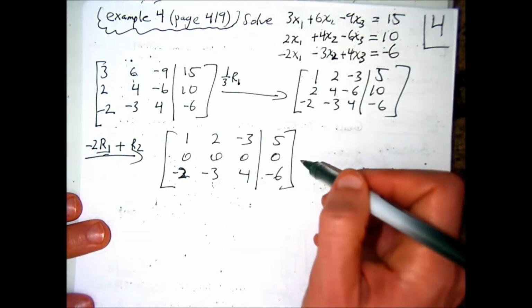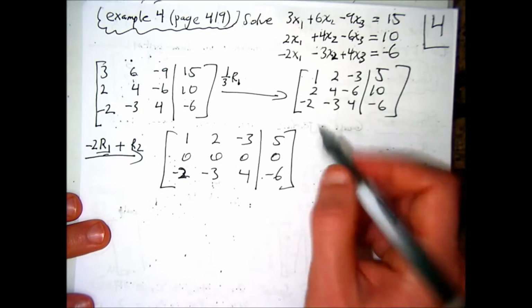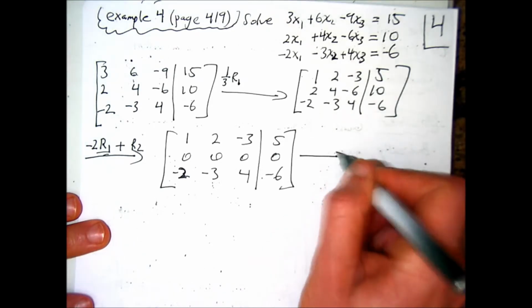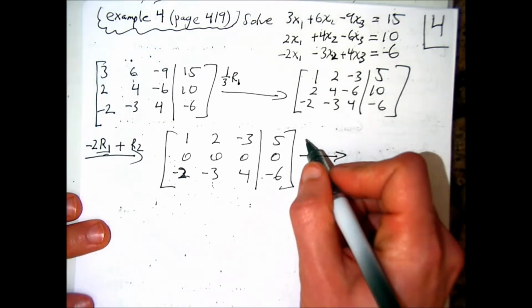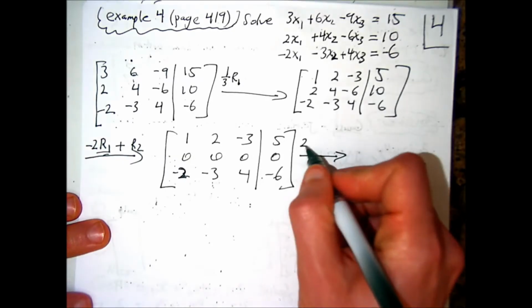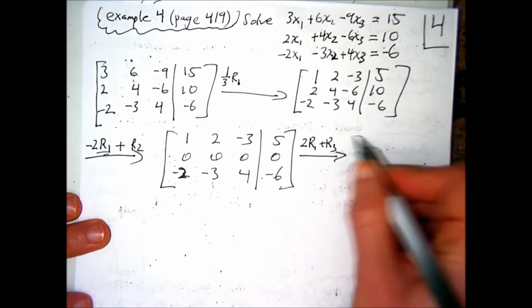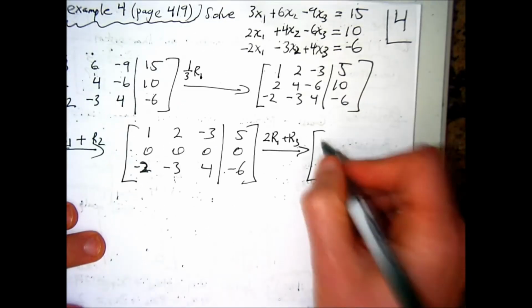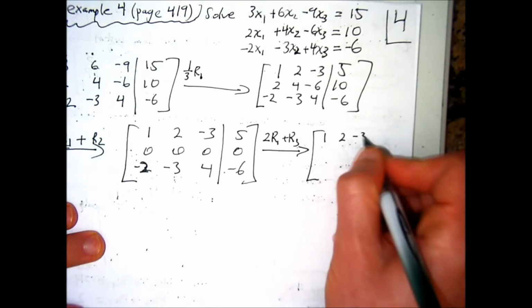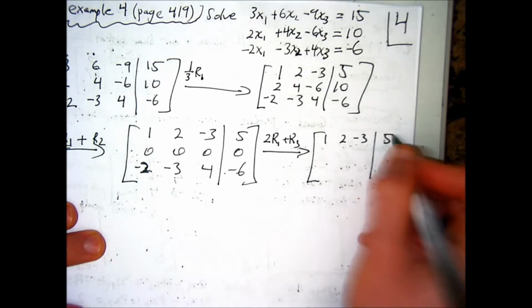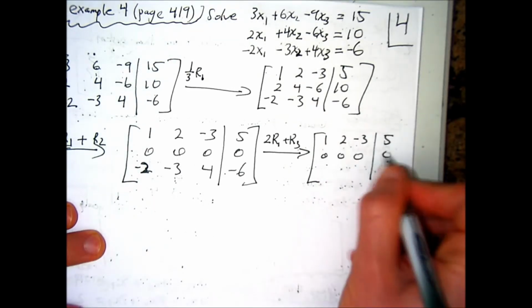Okay. So now we can go ahead and switch. Well, also let's do another step before we do that. Let's do 2 times row 1 plus row 3. So row 1 doesn't change. This is all zeros.